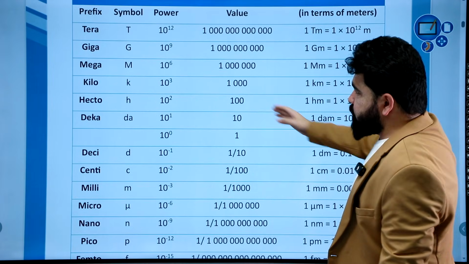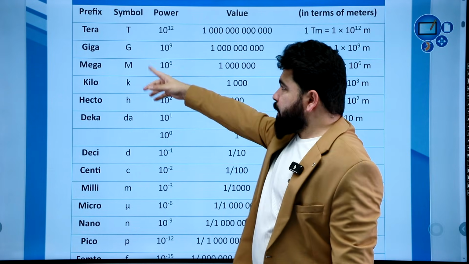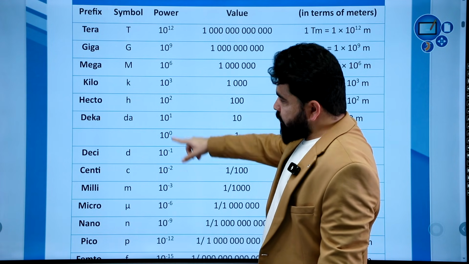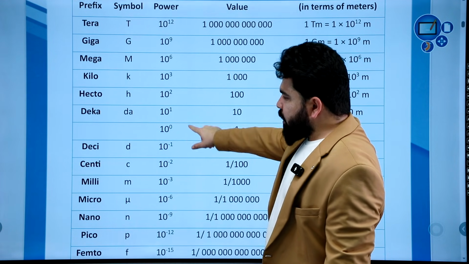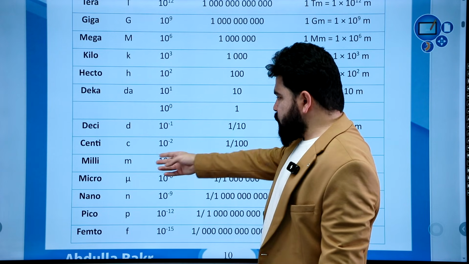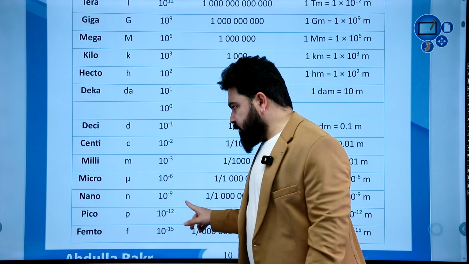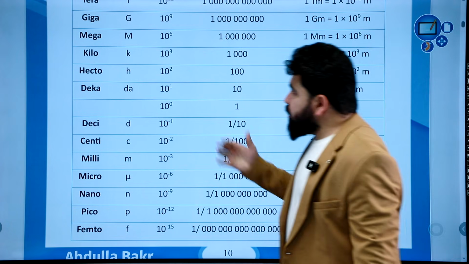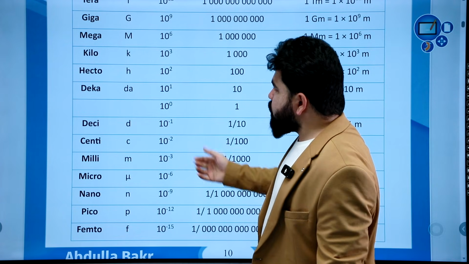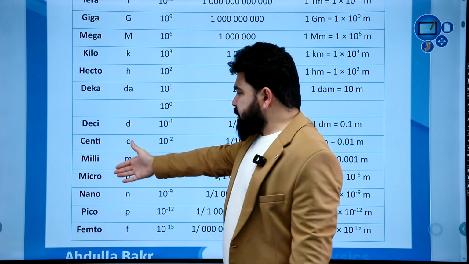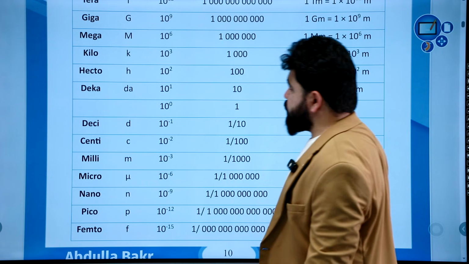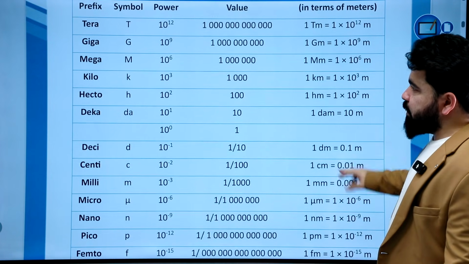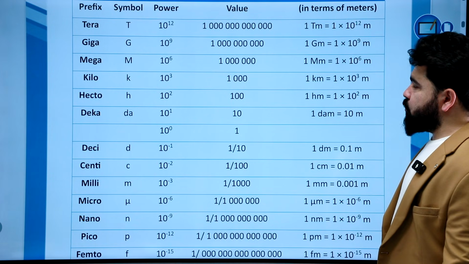We have tera, it's 10 to the power of 12, giga, 10 to the power of 9, mega, 10 to the power of 6, kilo, 10 to the power of 3, hecto, 10 to the power of 2. Then we have centi, 10 to the power of negative 2, milli, 10 to the power of negative 3, micro, 10 to the power of negative 6. In the book, it says mega until micro, I think. Memorize just these. But your teacher might also recommend that you memorize all the others. It depends on the teacher, okay?